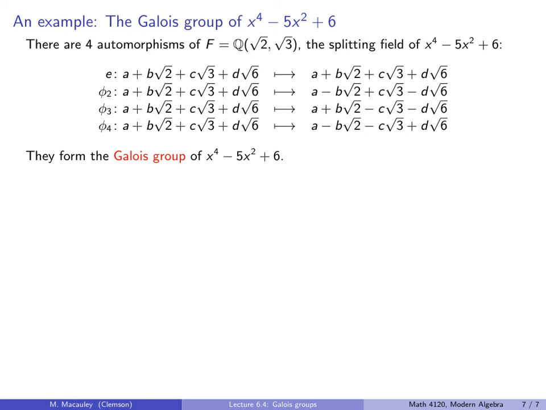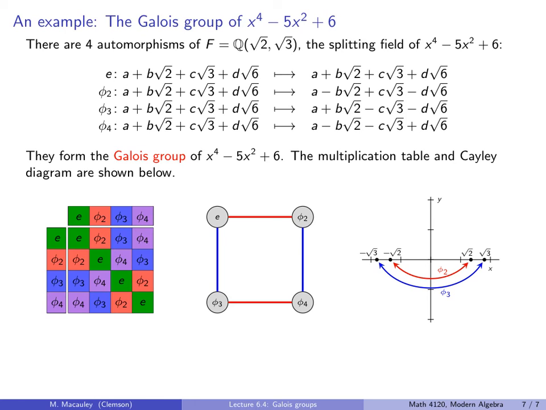These four automorphisms form the Galois group of our polynomial, and the multiplication table and Cayley diagram are shown below. So from here, it is easy to see that this automorphism group is isomorphic to the Klein 4 group V4.